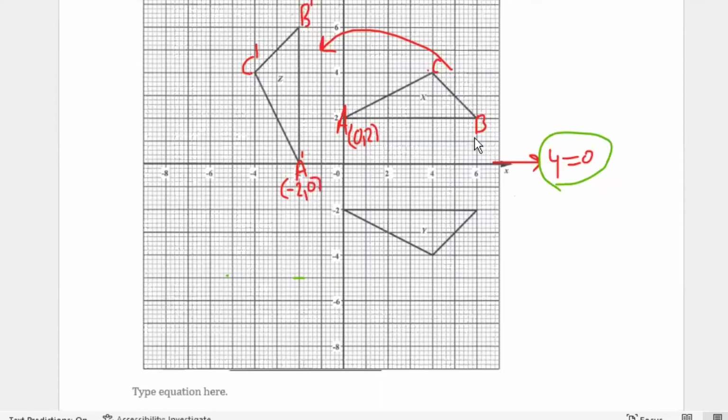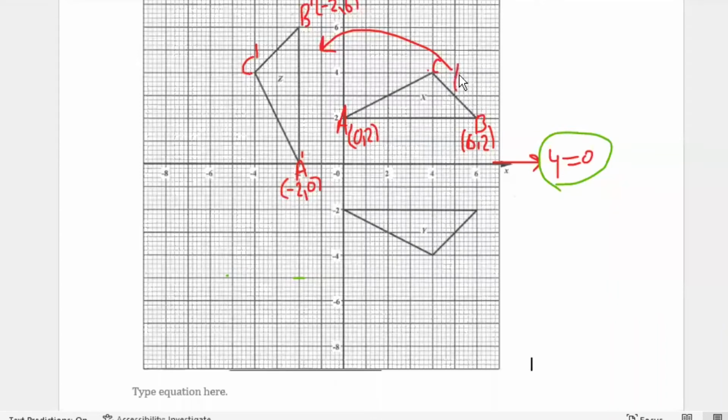For B, our reading is 6 from our x-axis and 2 from our y-axis, so 6, 2. Now look at B prime. B prime is -2, 6. C is 4 from our x-axis, 4 from our y.